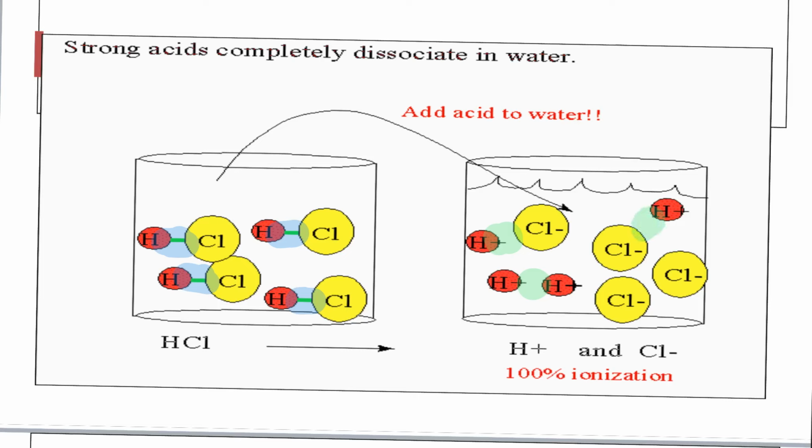They break apart, and now you have hydrogen ions and chlorine ions. Ultimately, these hydrogen ions will react with water to create H3O plus. That's essentially what's taking place there.